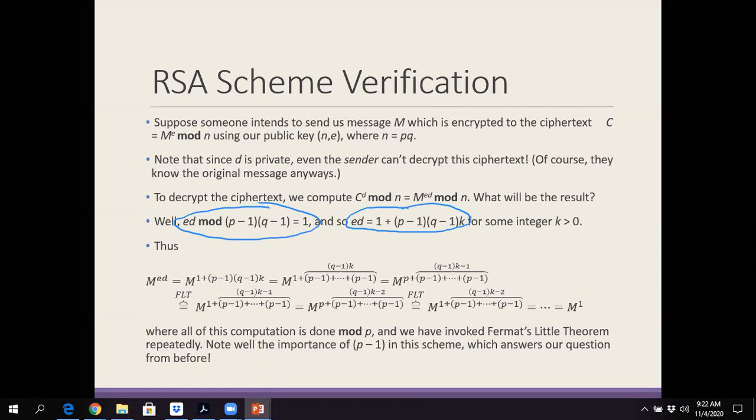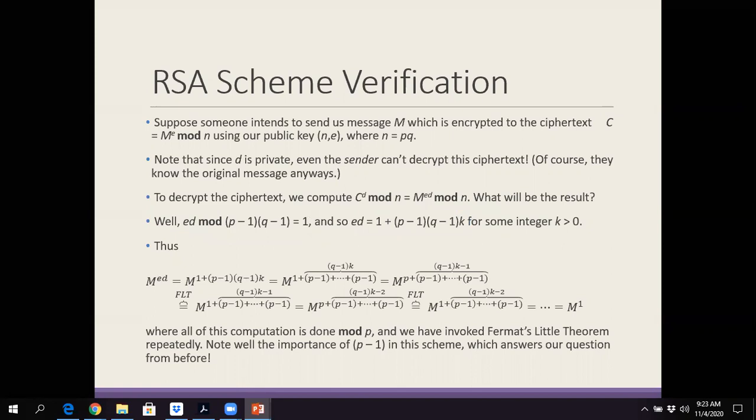That's what it means to have a remainder of 1 upon division by this, yes? It's this number, P minus 1 times Q minus 1, times an integer plus 1, yeah? So that's what it means for E and D to be inverses of each other modulo this thing. Okay, so let's see if we can follow the trail here.